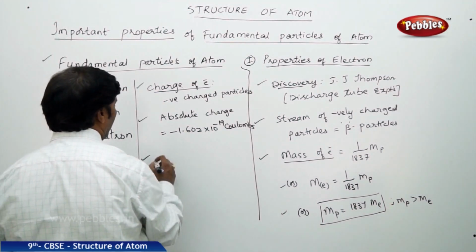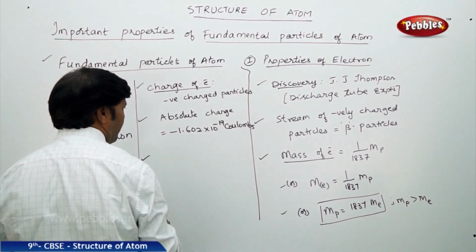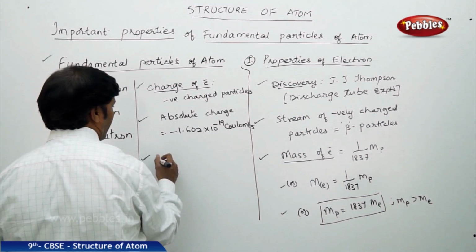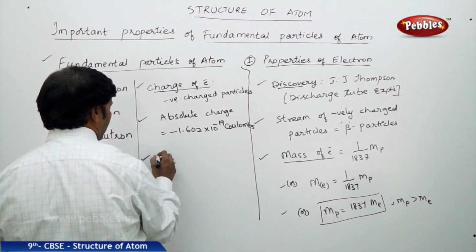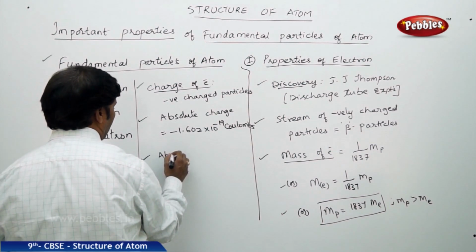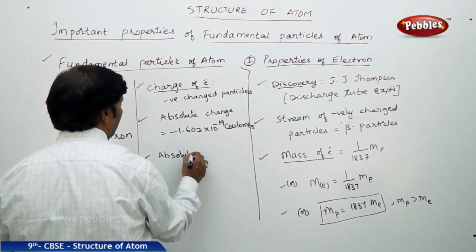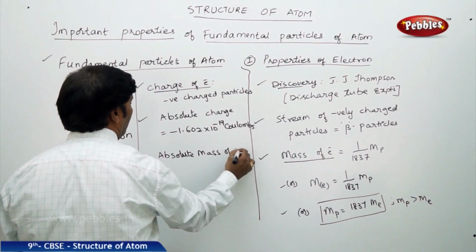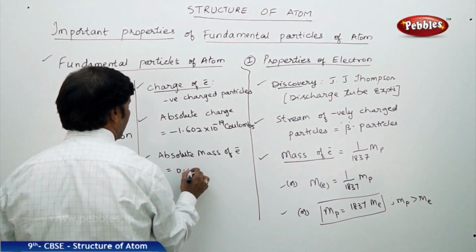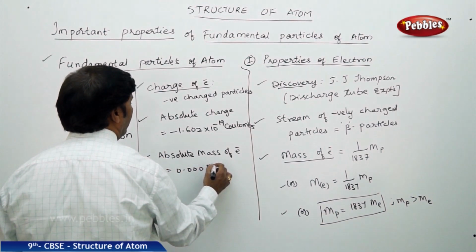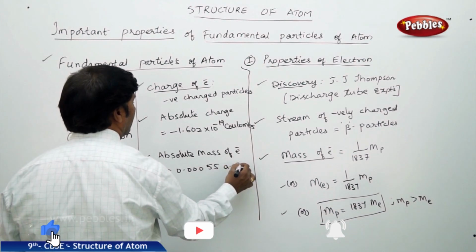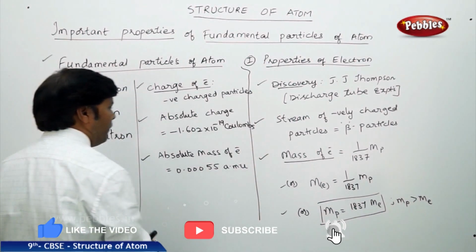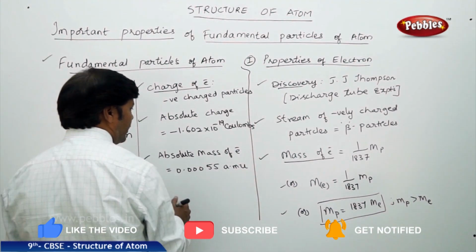Similarly, the absolute mass of electron expressed in AMU is 0.00055 atomic mass units. Then you can add a few more points.